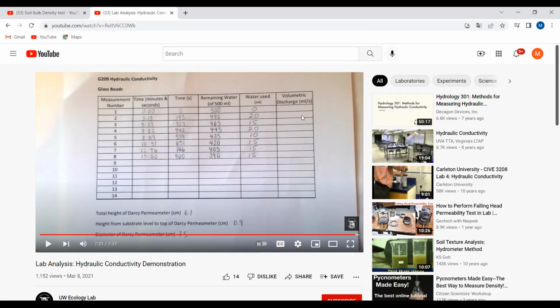Then when you have the hydraulic gradient, the head of soil is around, I think, 6.6, then you can go to the calculation.